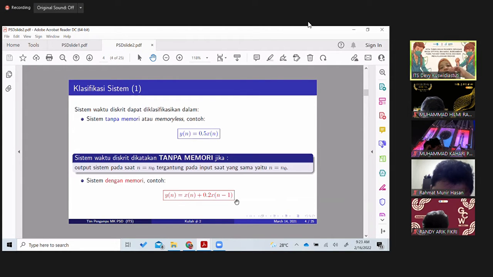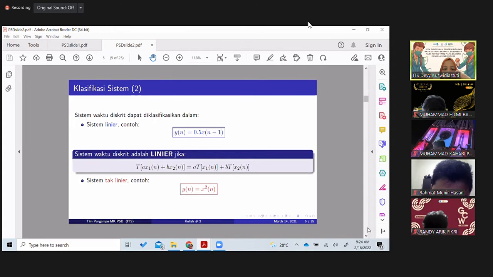So the system is memoryless if the output of the system only depends on the data at n equals n0, so it doesn't need any memory. Okay, I think it is clear enough.